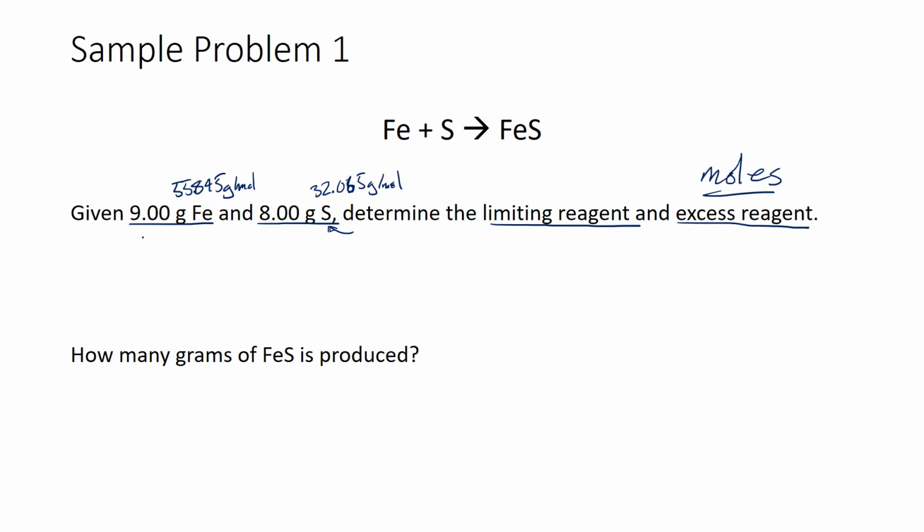Let's start with one of the givens, which is 9 grams of iron. And let's just do the simple dimensional analysis. We're given grams of iron, so let's cancel out the grams of iron by putting grams of iron on the bottom. And we know we want to get to moles, so let's put moles of iron on top.